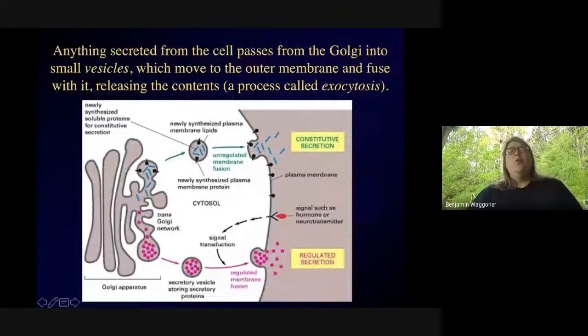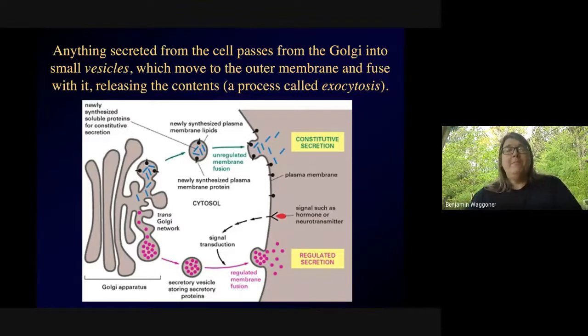And again, this is another diagram where you really don't need to learn the details in the diagram itself. Let's just say that anything that's secreted from the cell passes to the Golgi. And remember, we talked about how soap bubbles can constantly break off and rejoin.